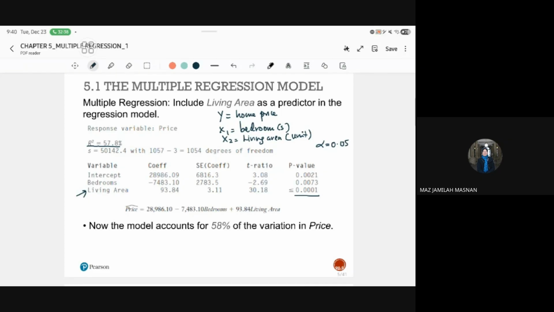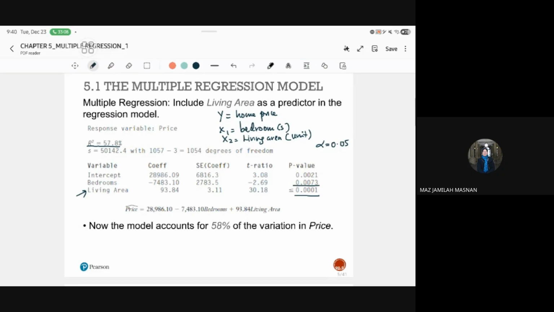The same goes to bedroom. Bedroom is 0.007. So 0.007 is smaller or bigger than 0.05, class? Yes, smaller. So it is significant.